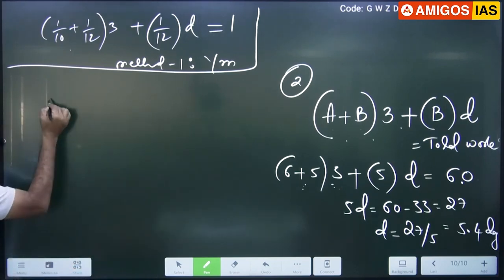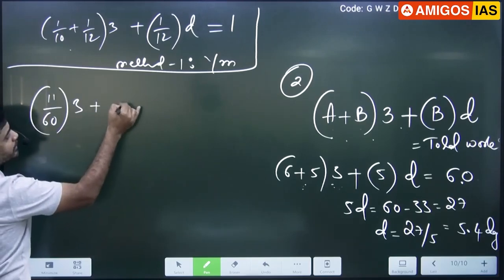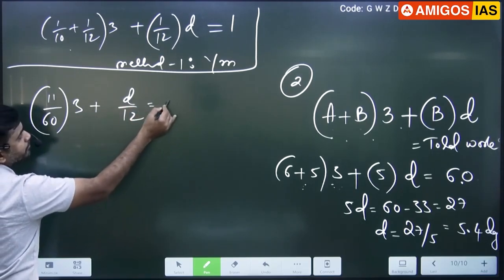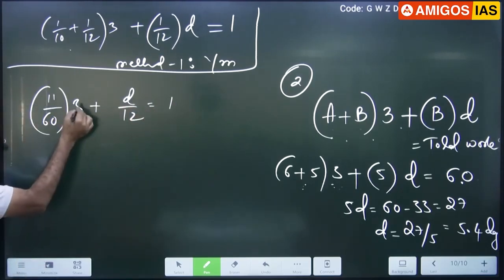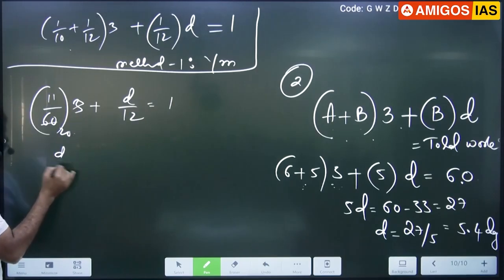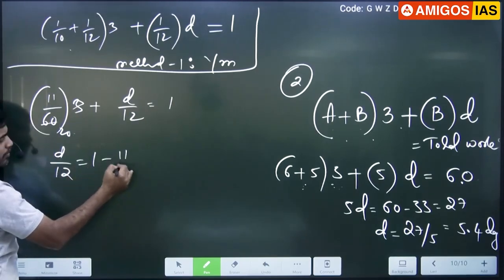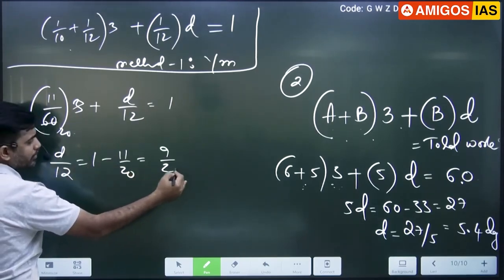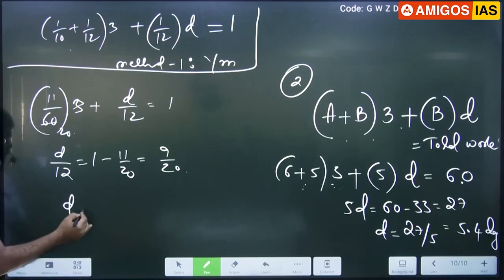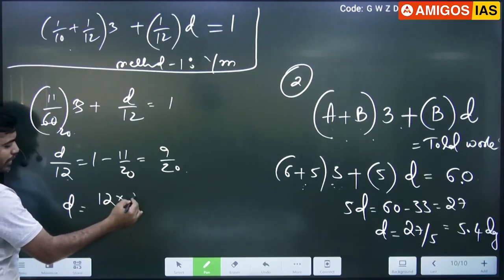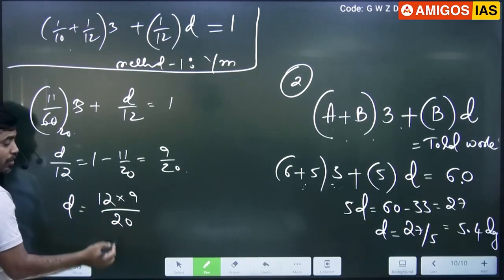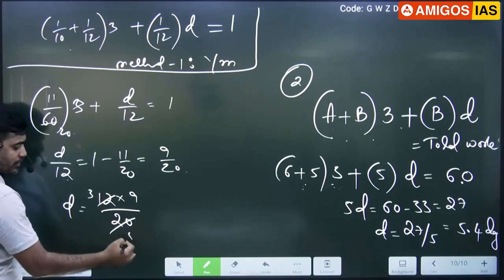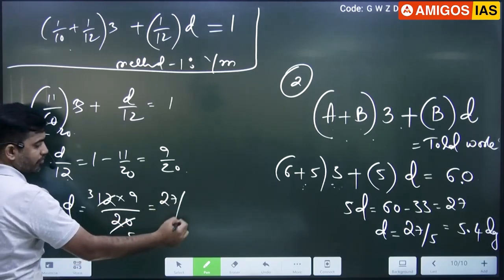I'll simplify this. 11 by 60 into 3 plus D by 12 is equal to 1. D by 12 is equal to 1 minus 11 by 20. It is 9 by 20. What is D then? 12 into 9 divided by 20. 4 3s are, 4 5s are 27 by 5.